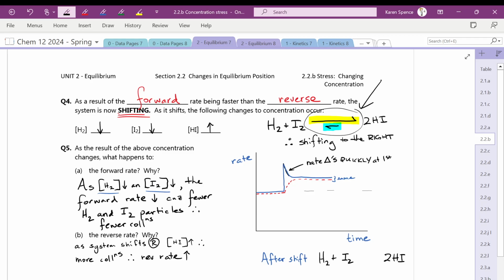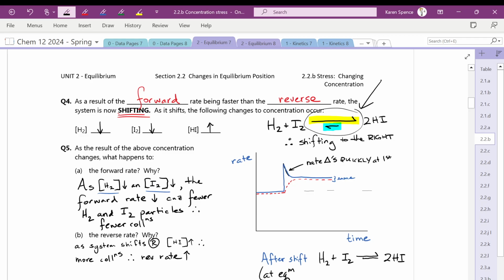Once the shift is finished, we are at equilibrium. The sizes of the arrows would be the same, and they would be somewhere in between those two sizes, yes? So we would have like this.